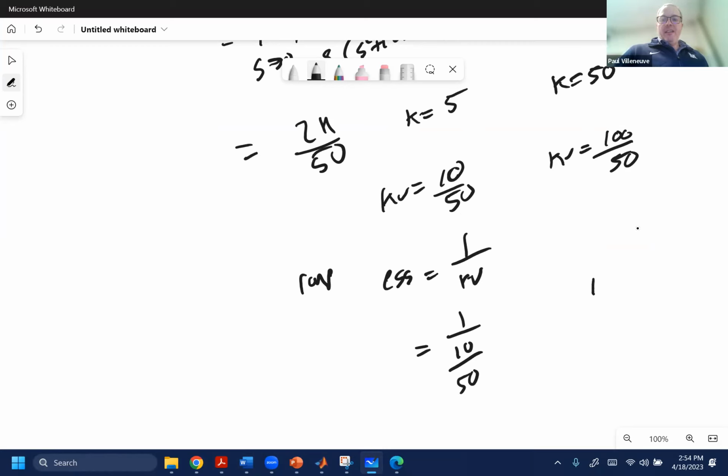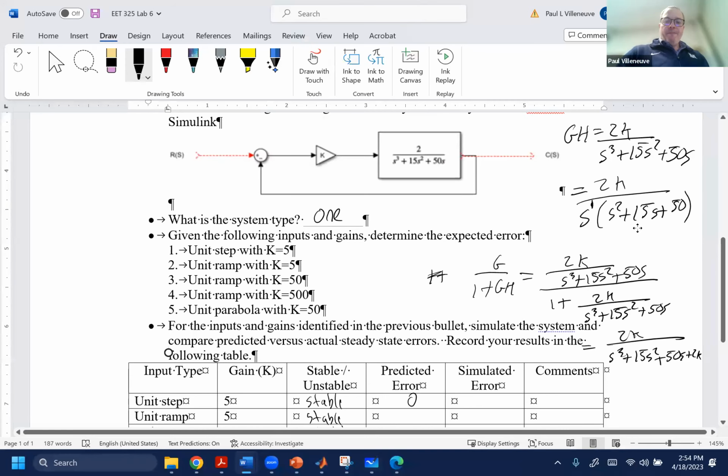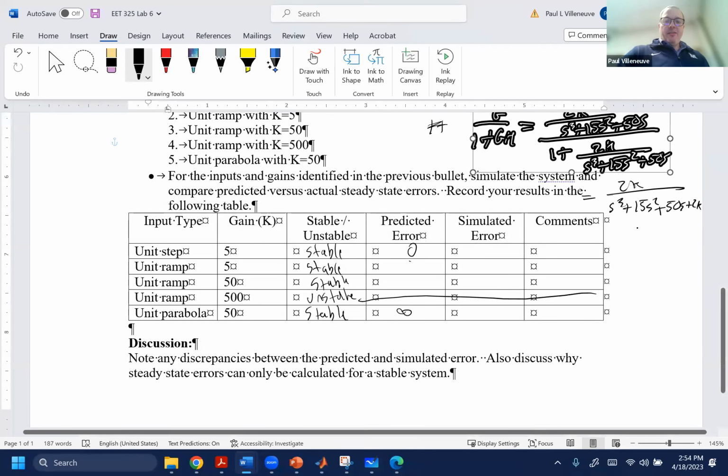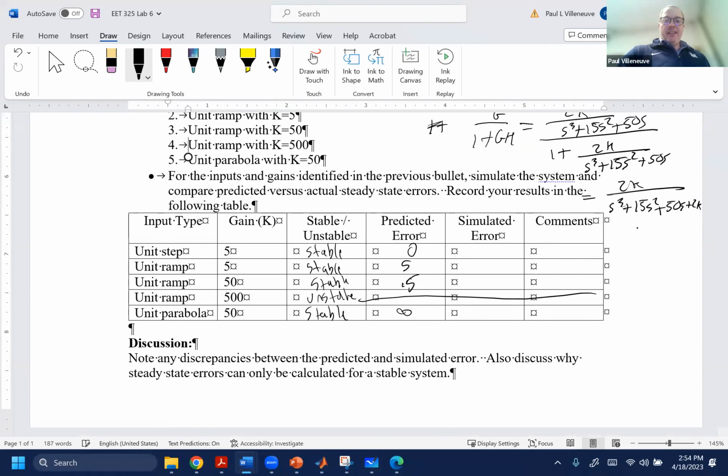And over here, it's 1 over 100 over 50. That's equal to 5, and that's equal to 0.5. That's it. That's how to do the predicted errors.